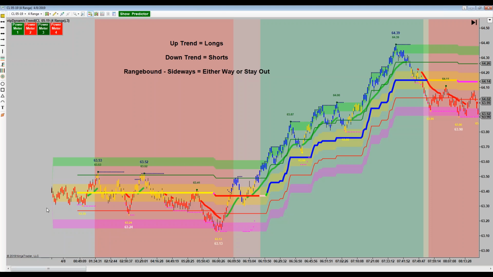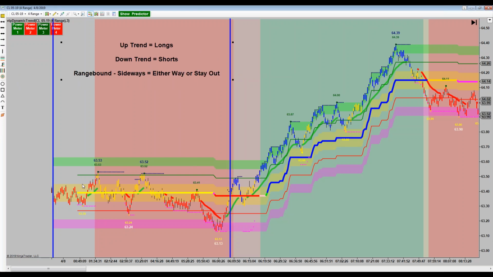Now, what would you say the market condition is in this area right here? Here, I'll put some lines on the chart. This is going back to the 8th, which I think was Sunday or Monday, or last Friday, I think. This is in the pre-market session, basically from about there to there. What's the market condition on crude oil right here?